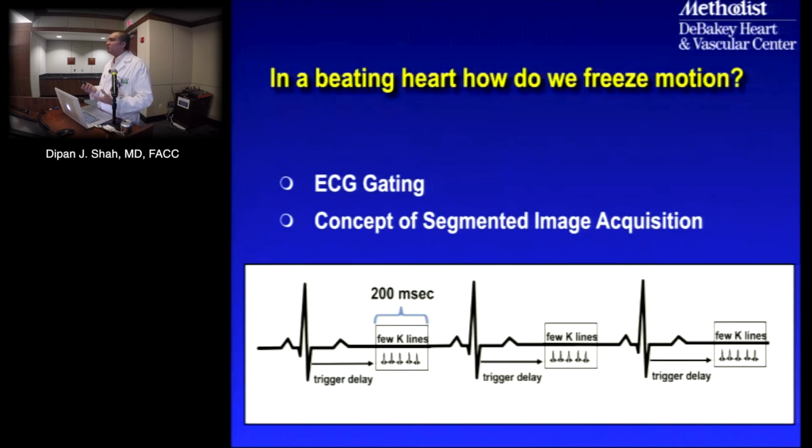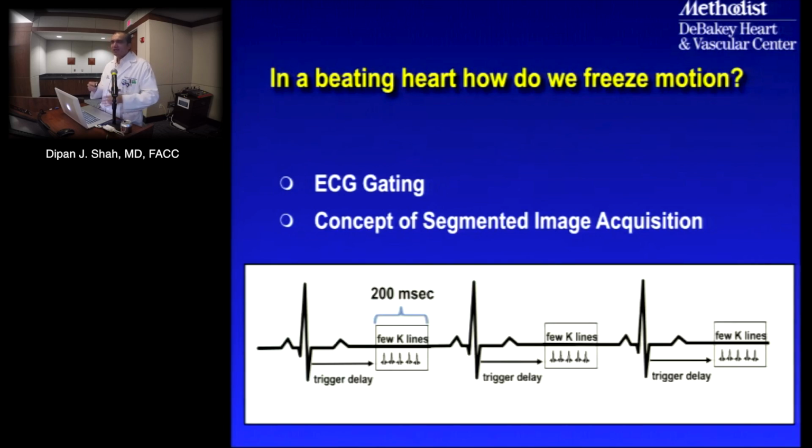It's probably on the order of a couple hundred milliseconds, and that's going to be variable depending upon the person's heart rate. If they have a fast heart rate, this mid-diastolic time gets compressed, so it's shorter and shorter. So one of the things you could do is try to slow down their heart rate. That's what we do in the CT lab. We give them beta blockers, slow down the heart rate to try to expand this period of time in mid-diastole when the heart is not moving.